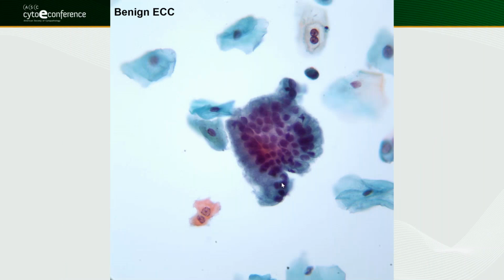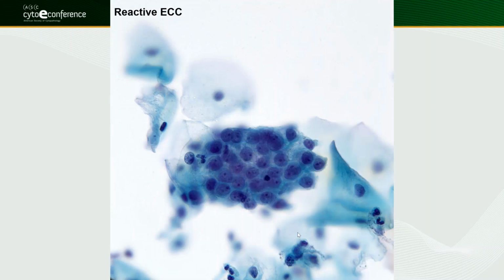Sometimes on the side you see a nice lined-up picket fence, mimicking our histologic pictures of benign endocervical cells: abundant mucinous cytoplasm and a low NC ratio. And again, another large sheet of benign endocervical cells.